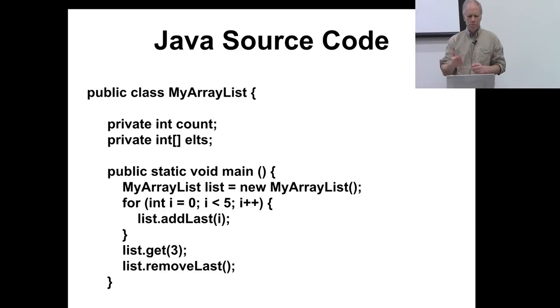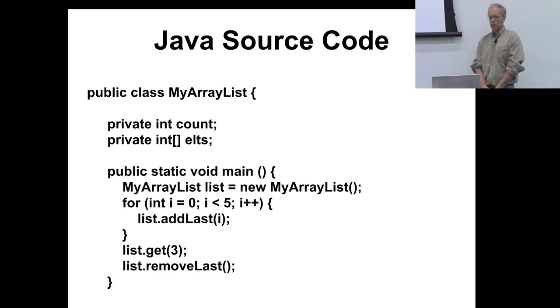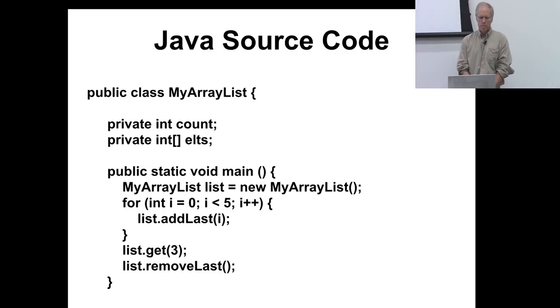So these are the methods. In particular, look at the main method right there. What the main method does is it creates a new myArrayList, and then it inserts the numbers 0 through 4 into the list with addLast. Then when the loop ends, it gets element 3 out. And finally, it removes the last element in the list.